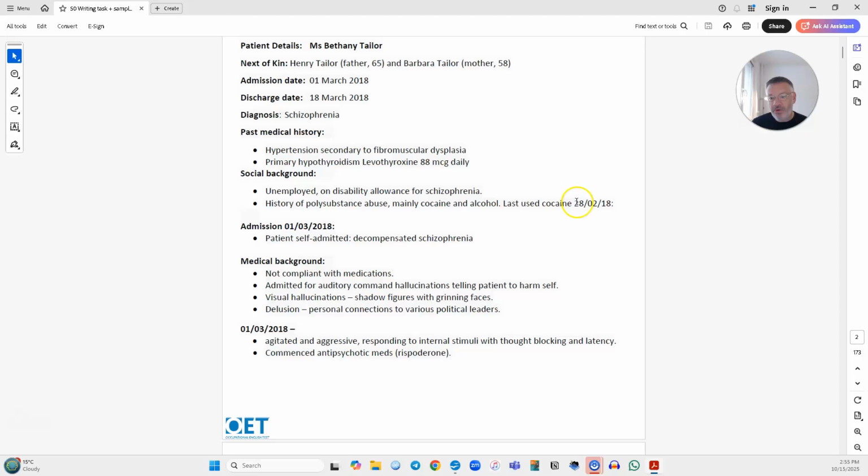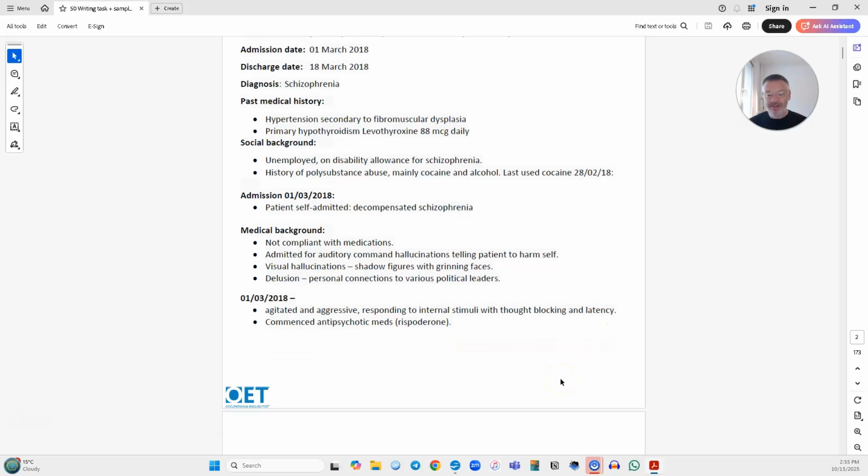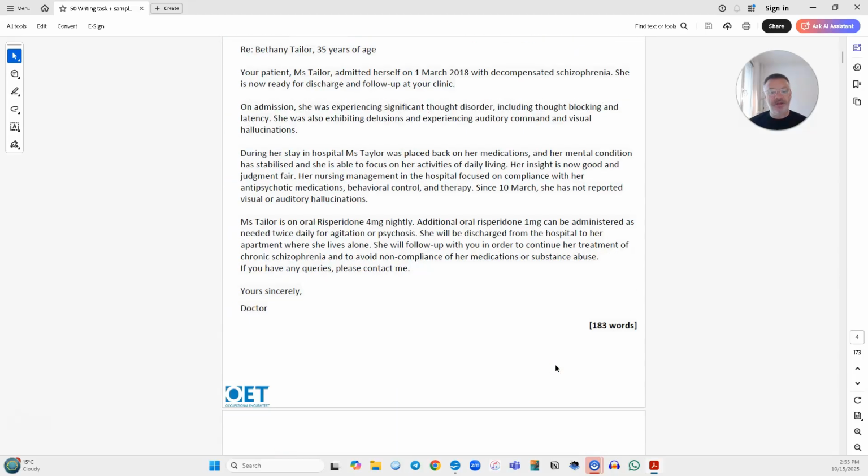The night before, what was she doing? Having some cocaine. But in the sample, there's no mention of this trigger. Where's the trigger? Does it say anything about why she decompensated? No. So that key component, which the GP would be looking for, is missing.